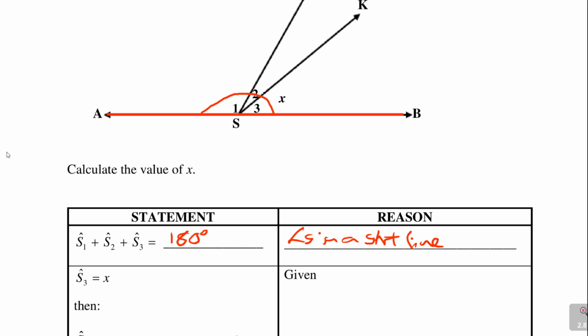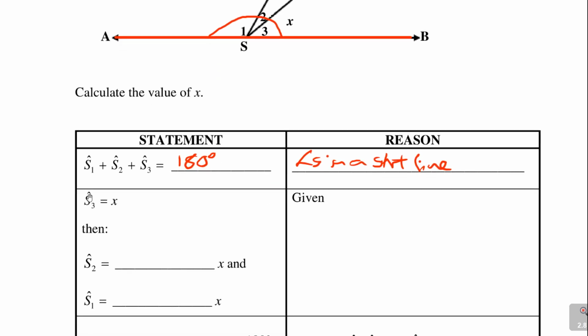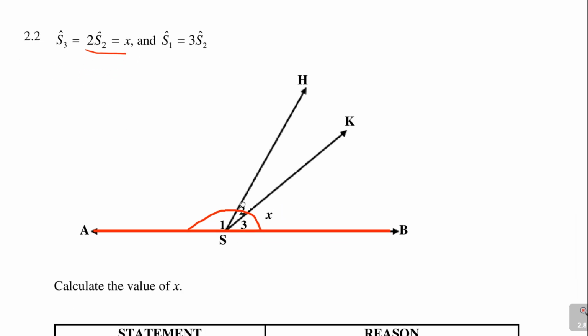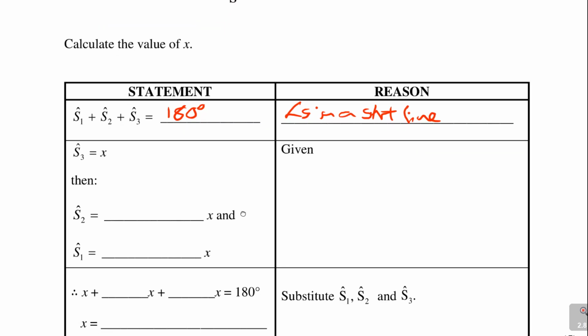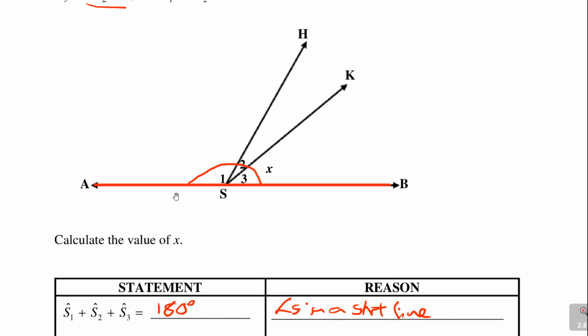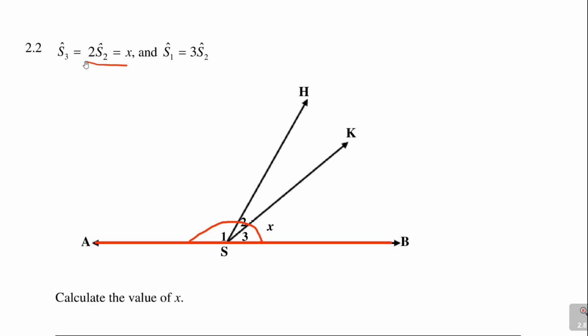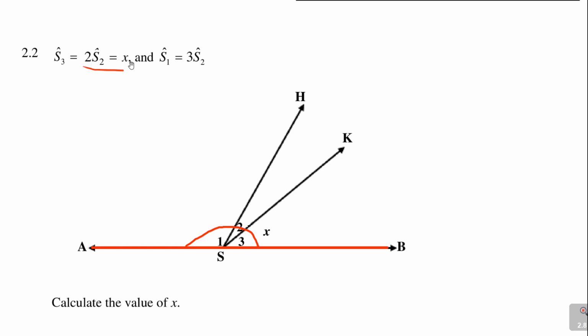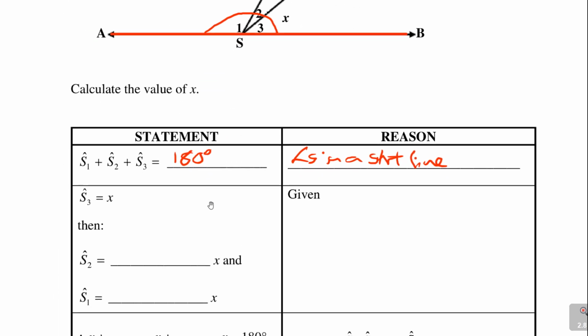That's the first part. The second part, they're saying S3 is equal to X. They gave us that. Okay. S3 is equal to X is given. Then S2. Look at S2. They told us S2. S3 is 2S2. And then 2S2 is equal to X. So we write this.